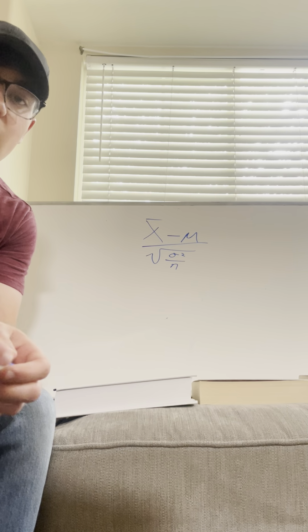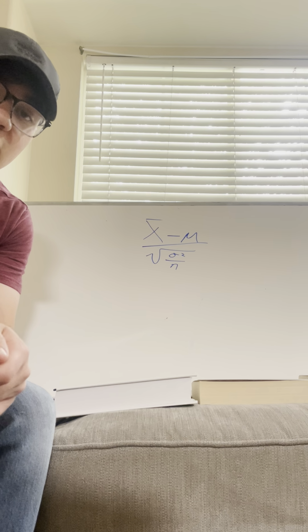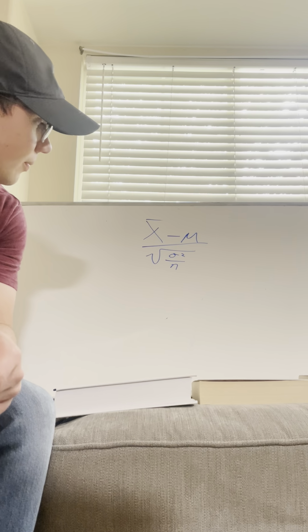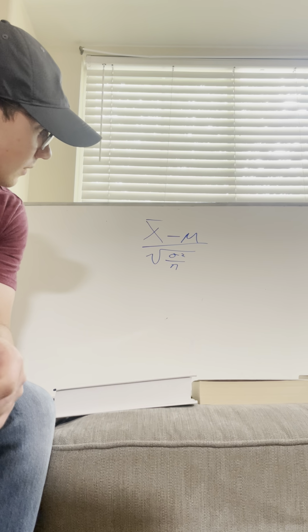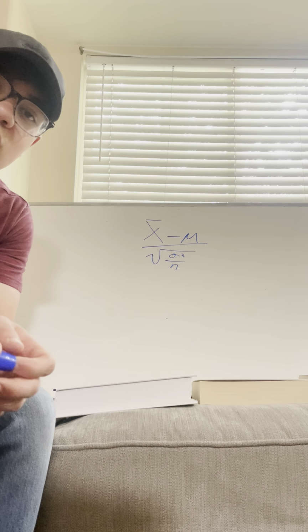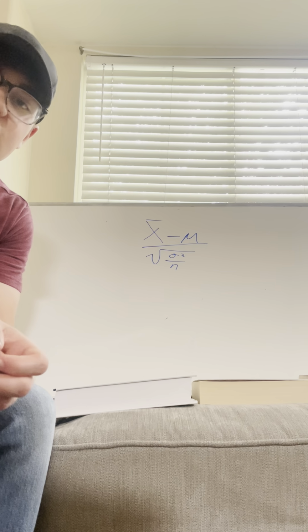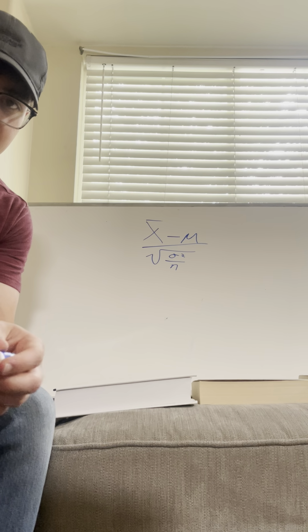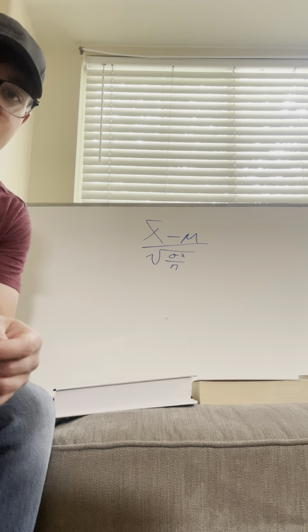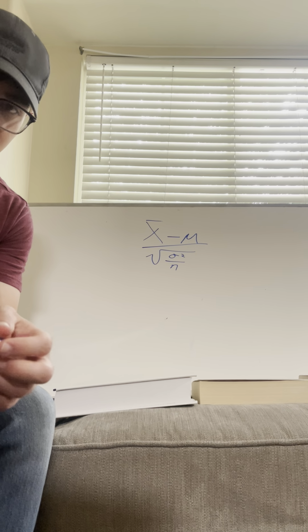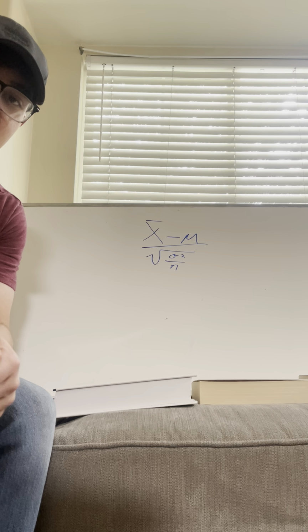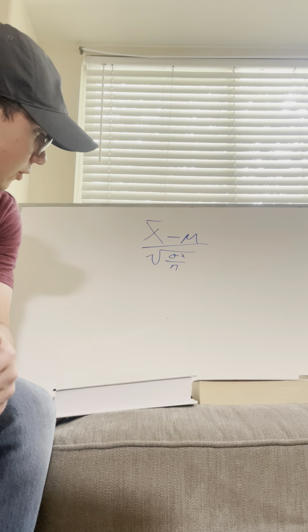If we have the population standard deviation or the population variance, we will use the z-score, the z-table. We can also use a z-score if our sample size is sufficiently large. So even if you don't have the true population standard deviation, if your sample size is large enough, higher than 30, then we can use a z-score and not a t-score.